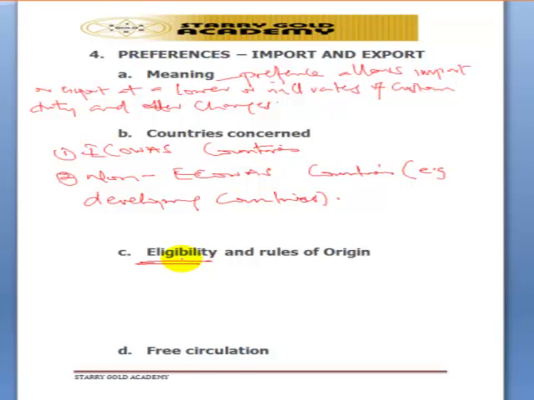you must have, one, the goods must have met the prescribed rules of origin. 2, you must provide valid preference documents.